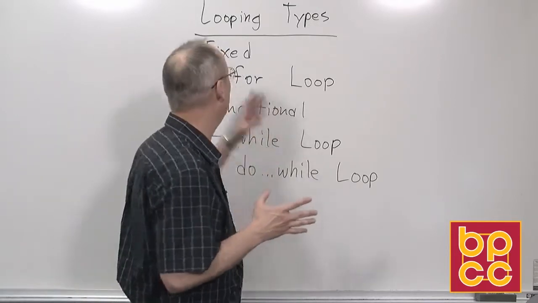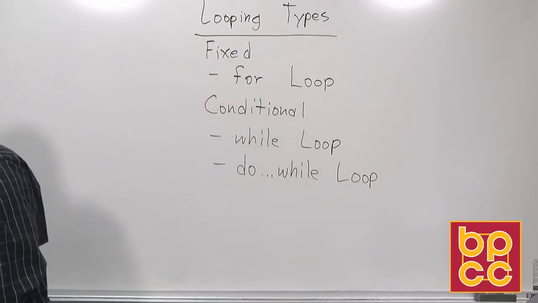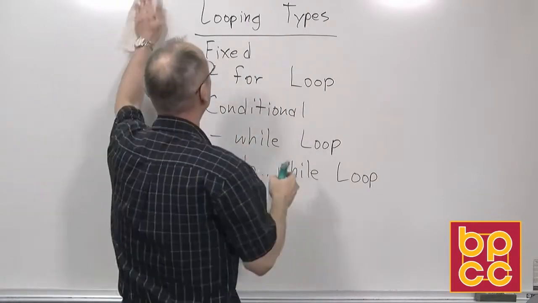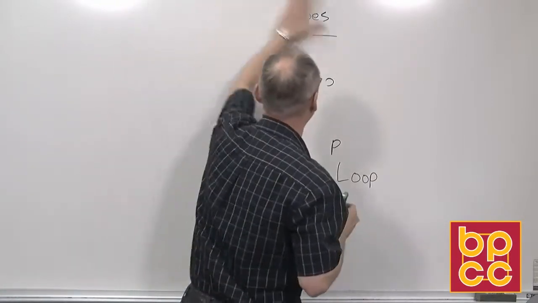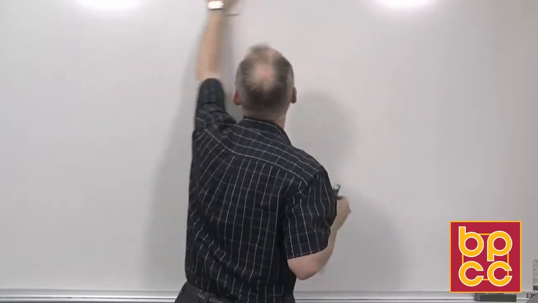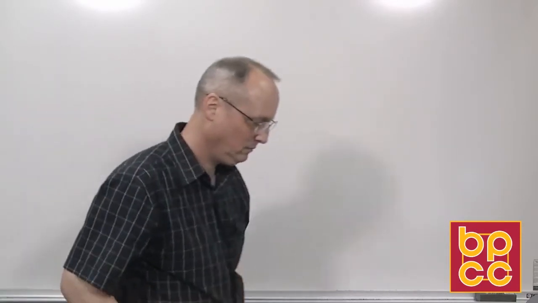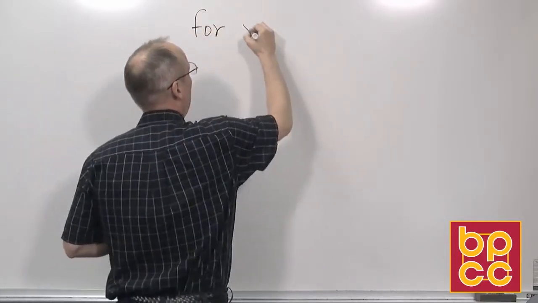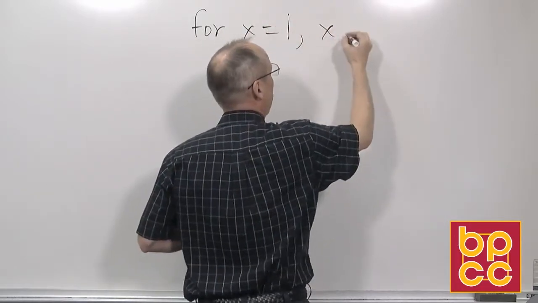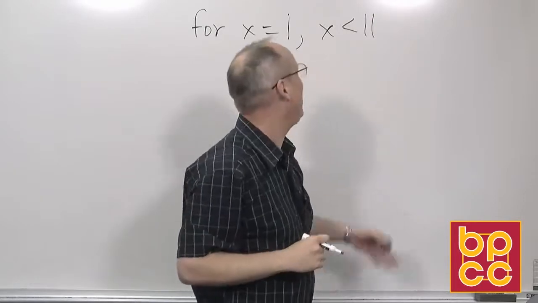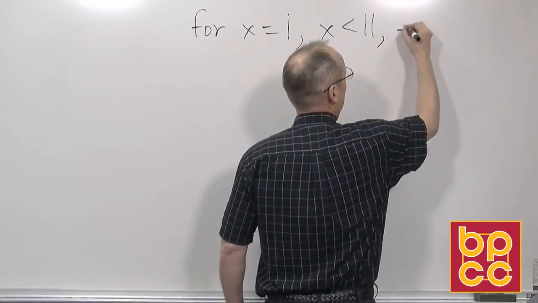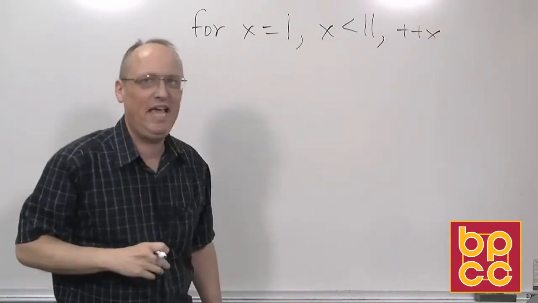And I'll start out this example by just showing a for loop. A basic for loop will look something like: for x equals 1; x is less than 11; ++x.